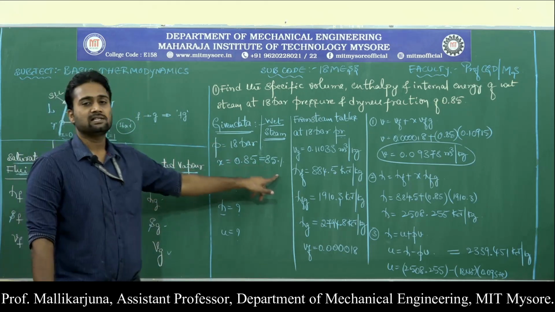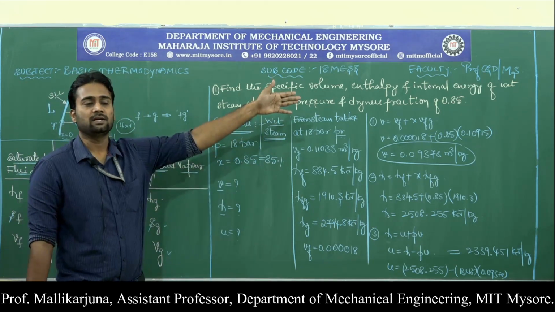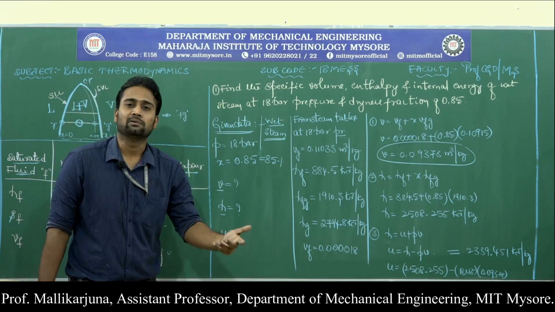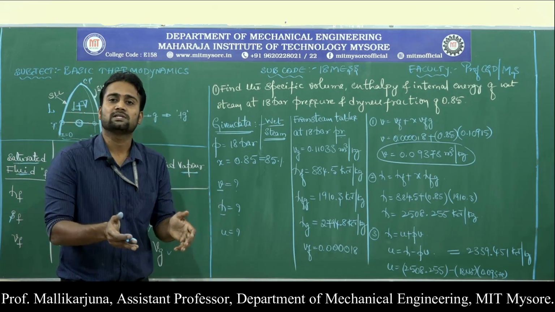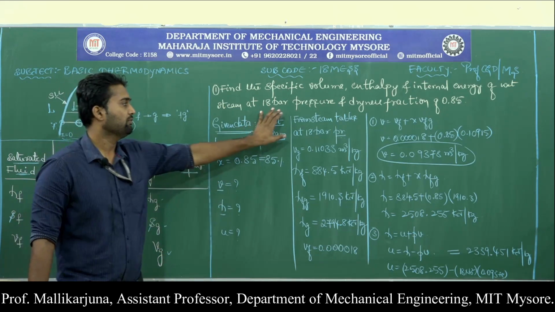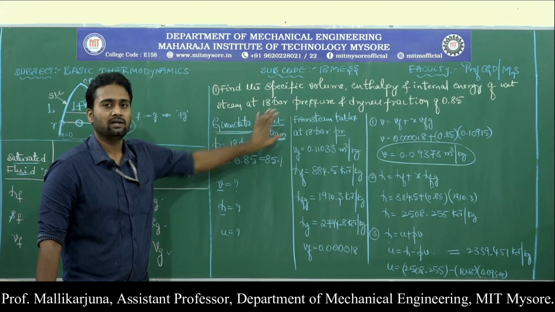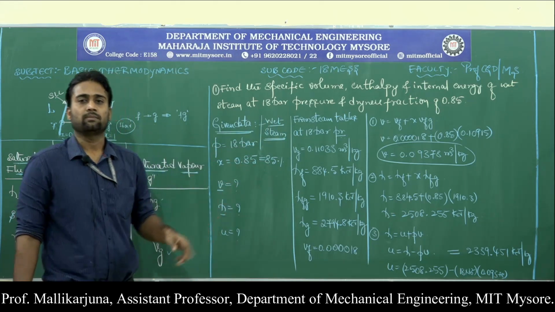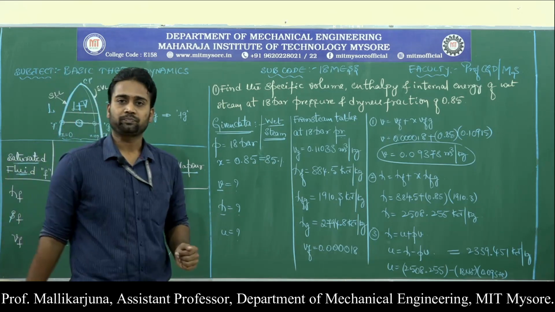So now x is 85% and he has mentioned wet steam. If x takes a value between 0 and 1, then obviously it is wet steam. Even if he hadn't mentioned this, it is understood that it has a dryness fraction, and because of that it is wet steam. Now I am dealing with wet steam.